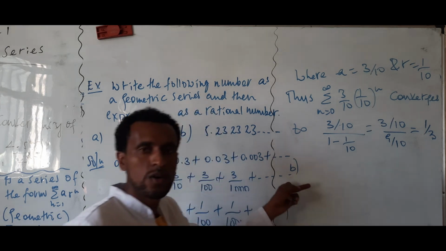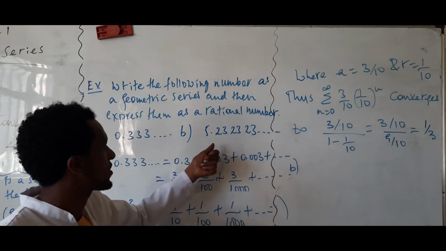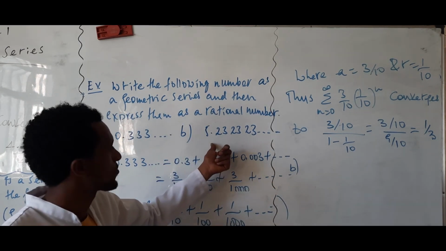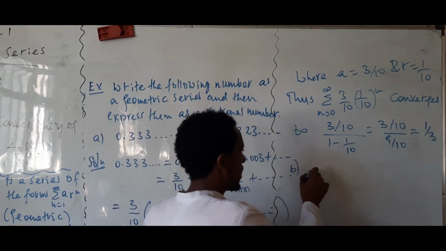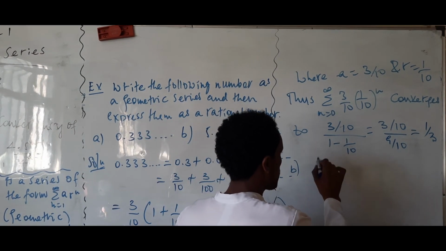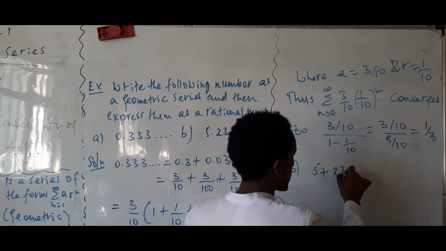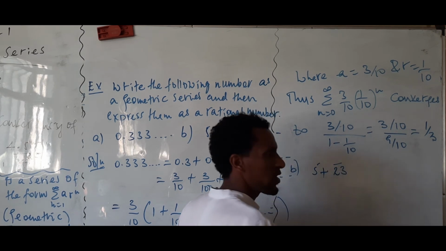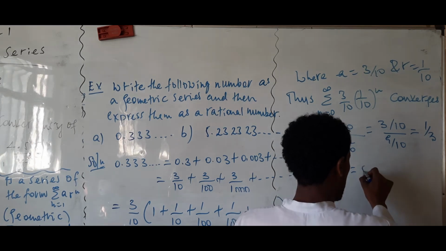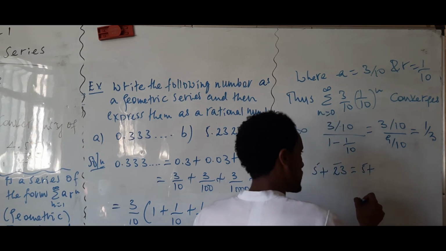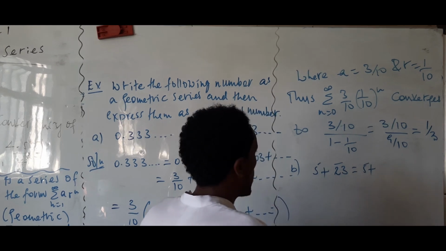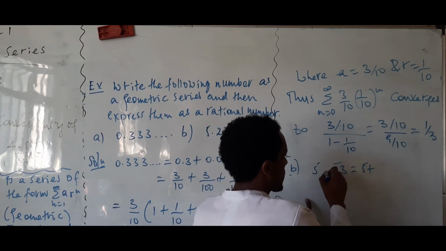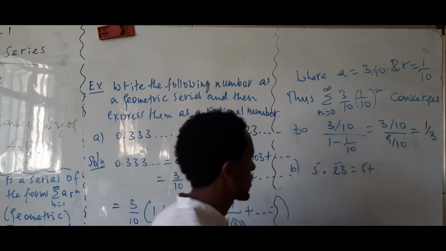When we see the numbers given in B, 5.23 repeating is equal to 5 plus what? 5 point.